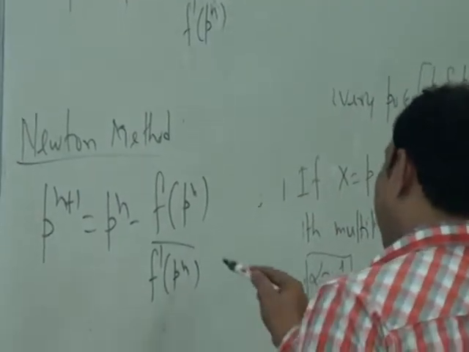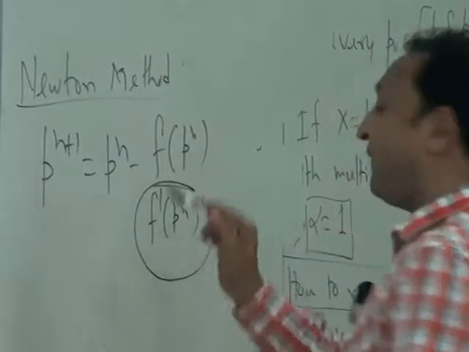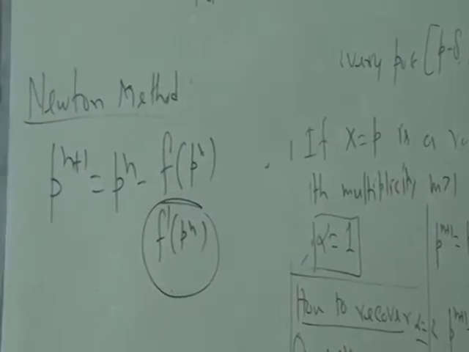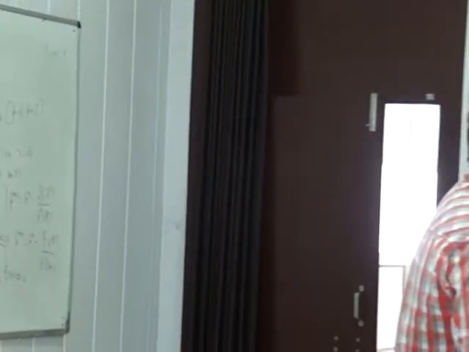Now, sometimes this function may not be differentiable. You may not have a differentiable function, then I cannot use my Newton method, correct? So if somehow we can avoid the derivative, we are done.